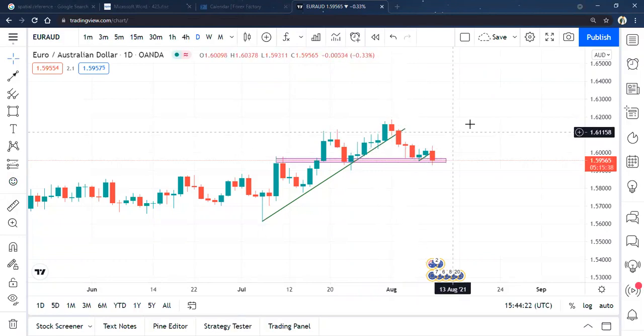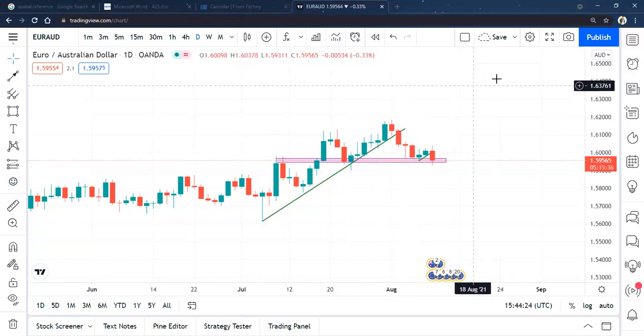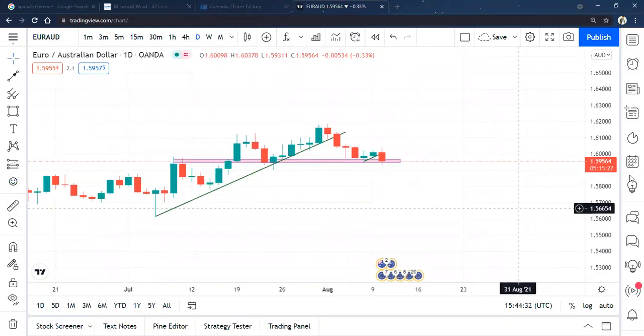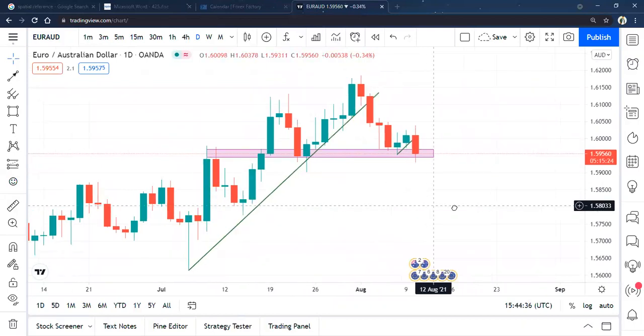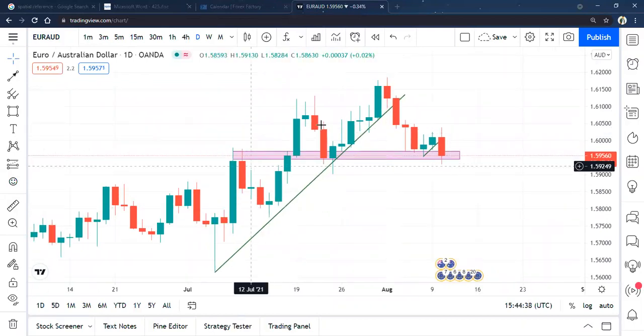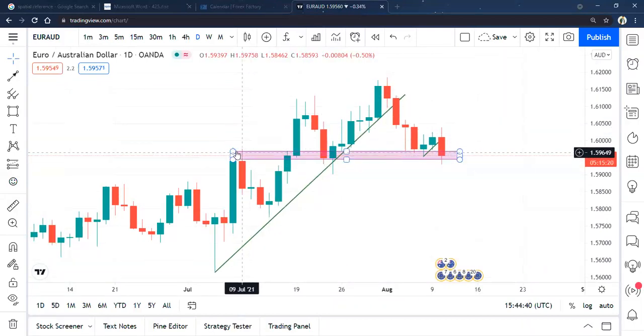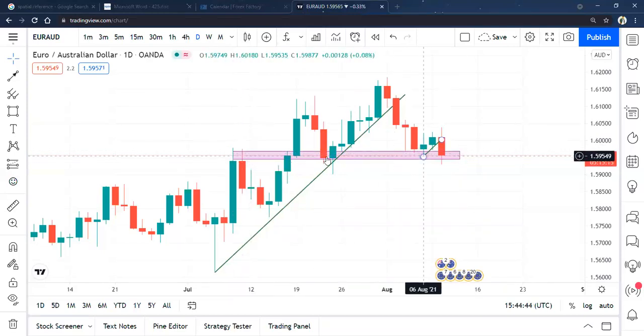Then, after looking at a bigger time frame such as the daily one, we're clearly able to see this zone, a supply and demand zone.